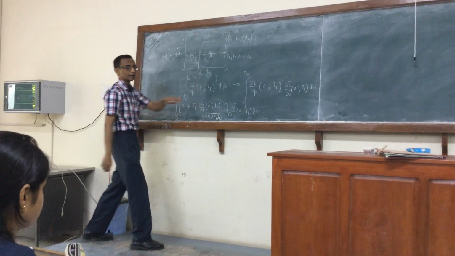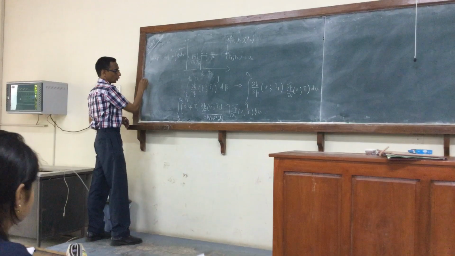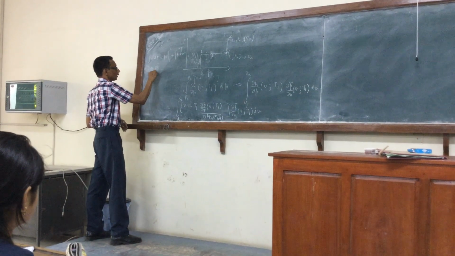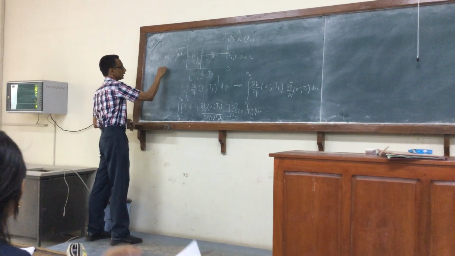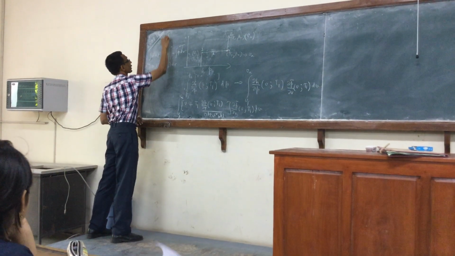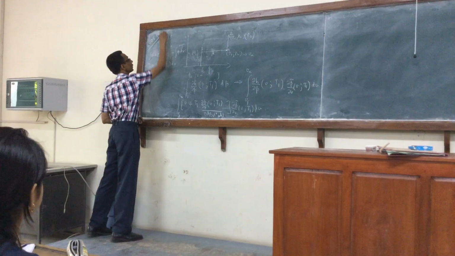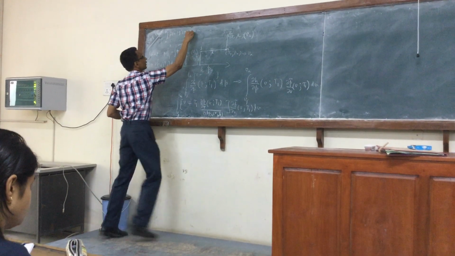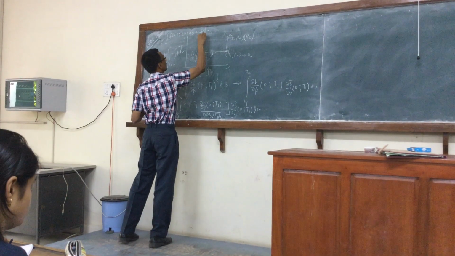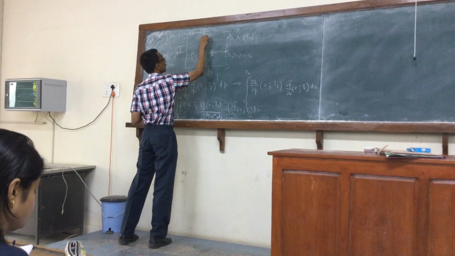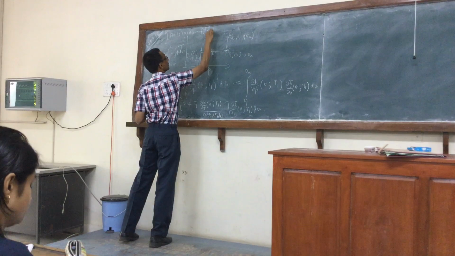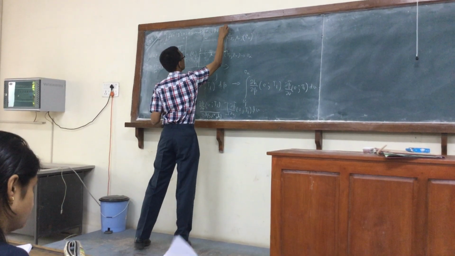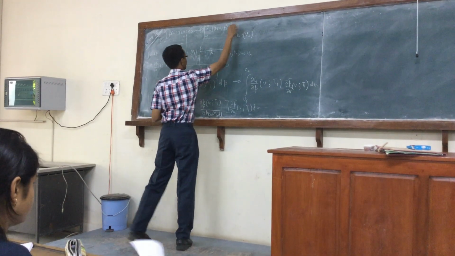A different version of the integration by parts can also be used. I have the integral from 1 to A of V dP by dV dV. I can use this formula: the integral from A to B of f(x) g'(x) dx is fg between the two limits, A and B, minus the integral of g(x) f'(x) dx.